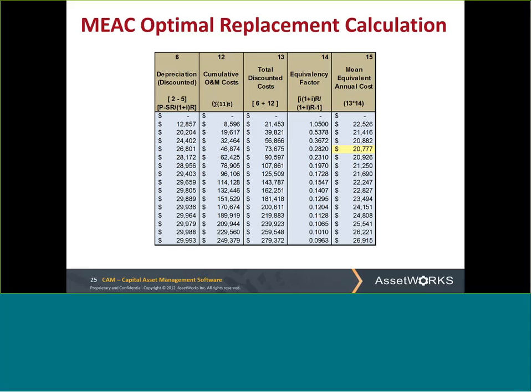If I were to keep it nearly 10 years, I'd be looking at $23,000 a year over $20,000 per year if I keep it 4 years. So I would have significantly higher, almost $40,000 of costs over a 10-year life of that asset as opposed to a 4-year life.